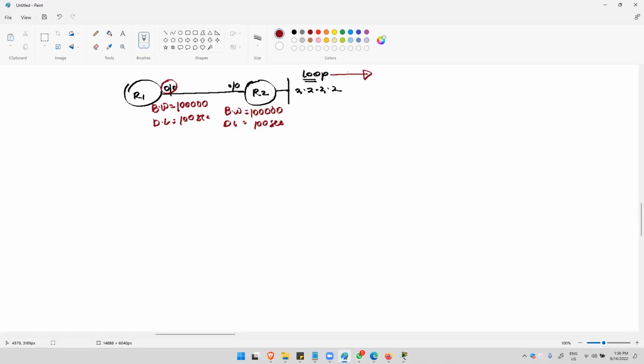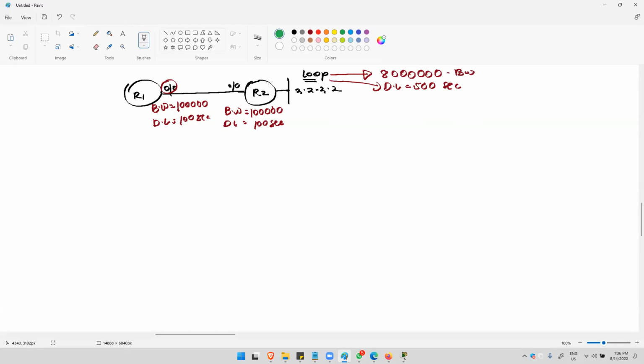Loopback also has an interface, yes or no? Loopback is a logical interface, but what is its bandwidth? And by default, what is the delay? For example, only this one. Now, can you please verify?